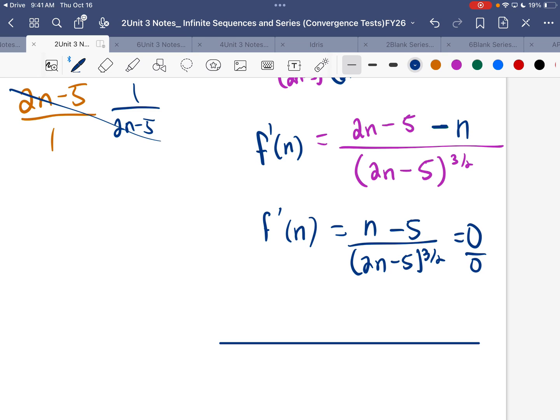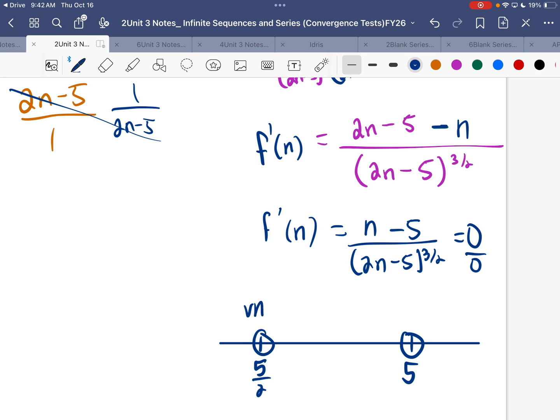Okay, setting up our sign chart. What would make the numerator be 0? 5. Can the denominator equal 0? Yes, the denominator would be 0. So that's another critical value to check. What value would make the denominator be 0? 5 over 2.